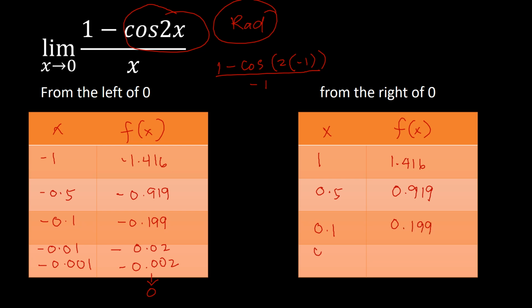Then 0.01 is equal to 0.02. Next, 0.001 is equal to 0.002. So right from here, we now have a pattern. This is approaching 0 as well. So the limit of this one is 0.